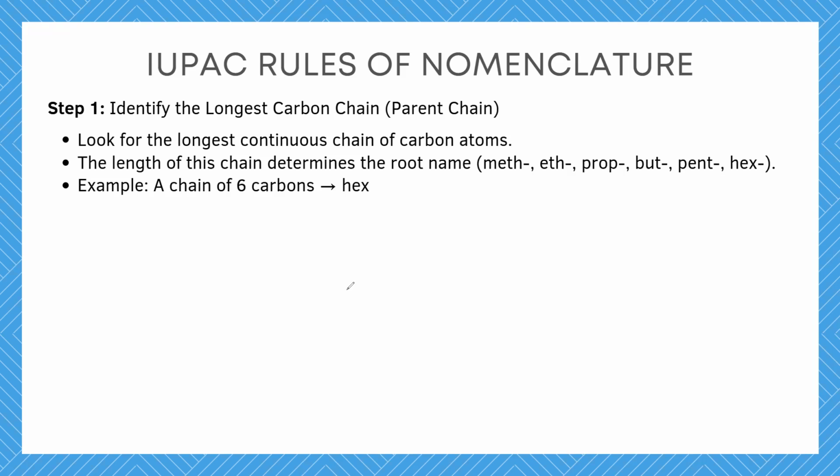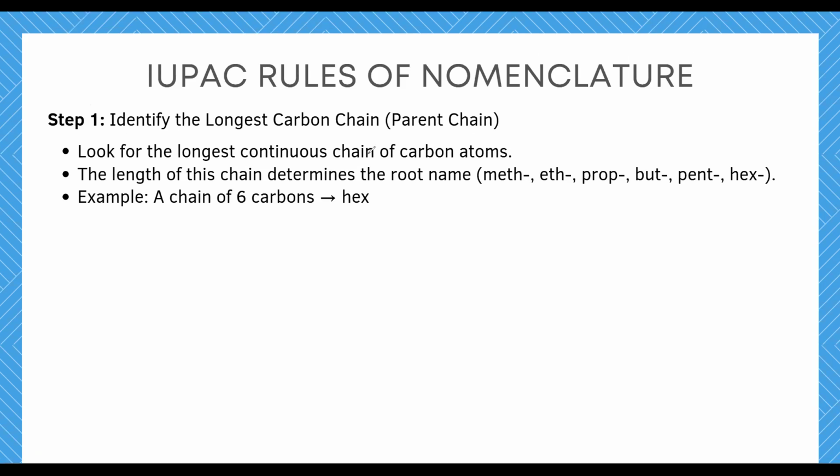So whenever you want to name a hydrocarbon, the first thing you are to do is to identify the longest carbon chain. The longest carbon chain in organic chemistry is called the parent chain. Are you there? Yes, sir. Good. Remember, I told you that carbon can bond to another carbon atom, which can bond to another carbon atom, right? Yes, sir.